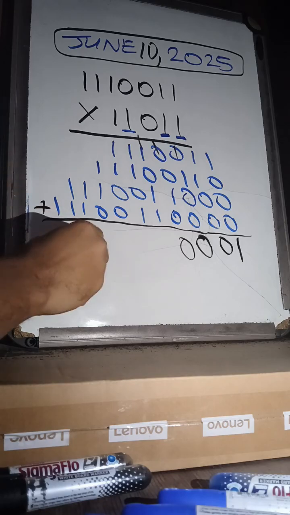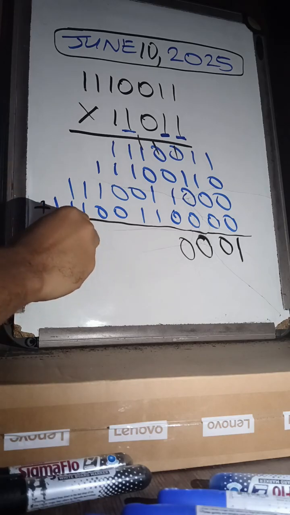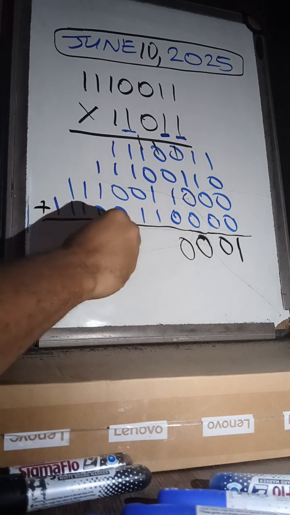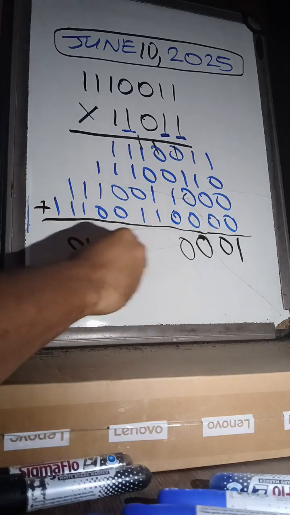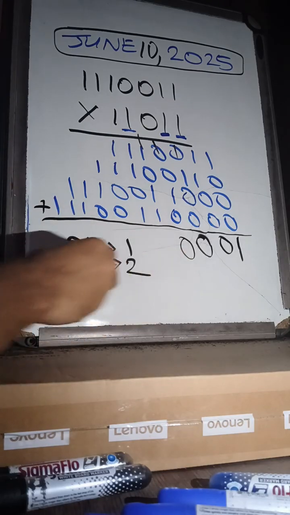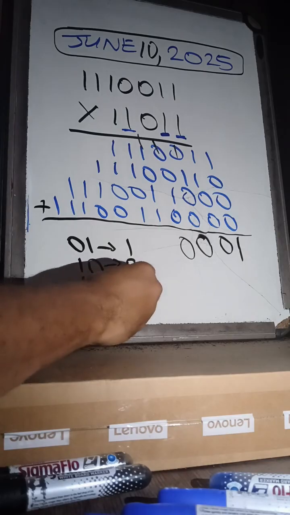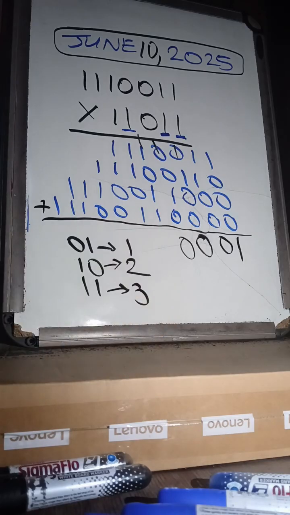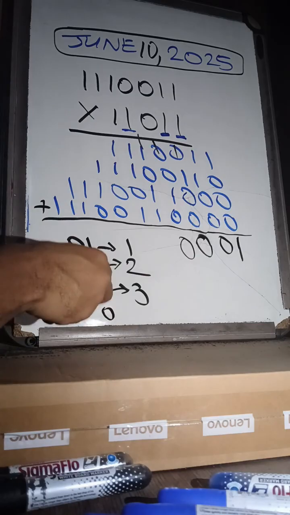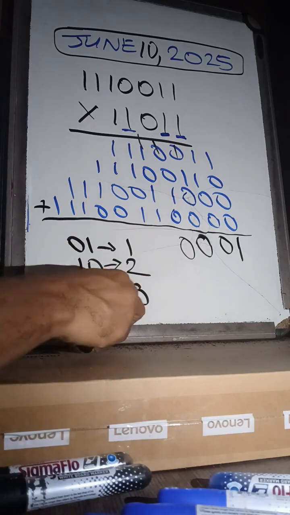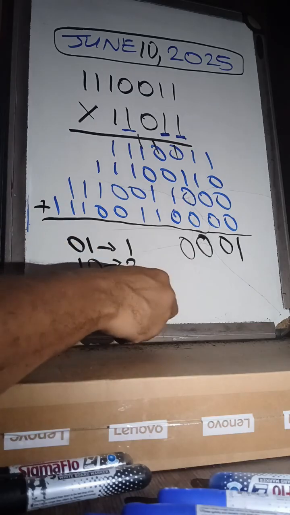Because okay, in binary, right? So let's say that is 1. Let's say that is 2. Let's say this is 3. Then okay, if I add 1 to that, 0 carry a 1, 0 exactly.